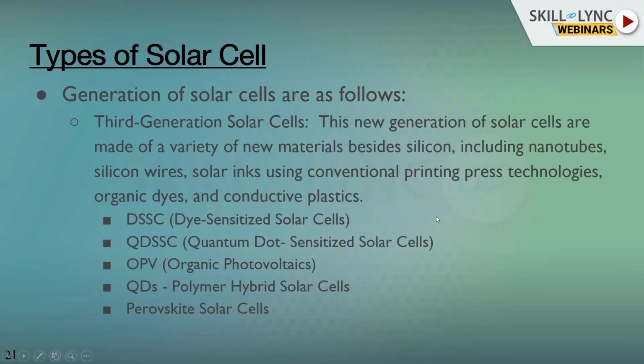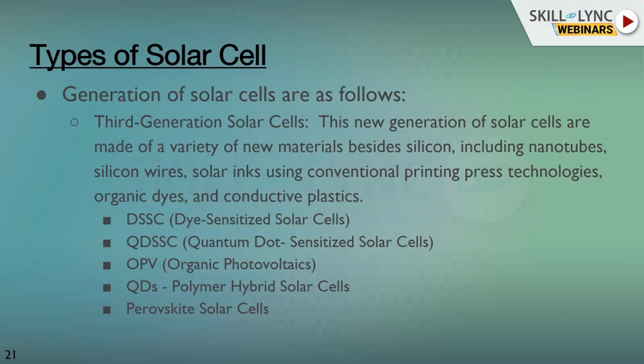And the third generation is solar cells not using silicon. Instead of silicon, they use other materials like nanotubes, silicon wires, and solar inks to process the solar cell.